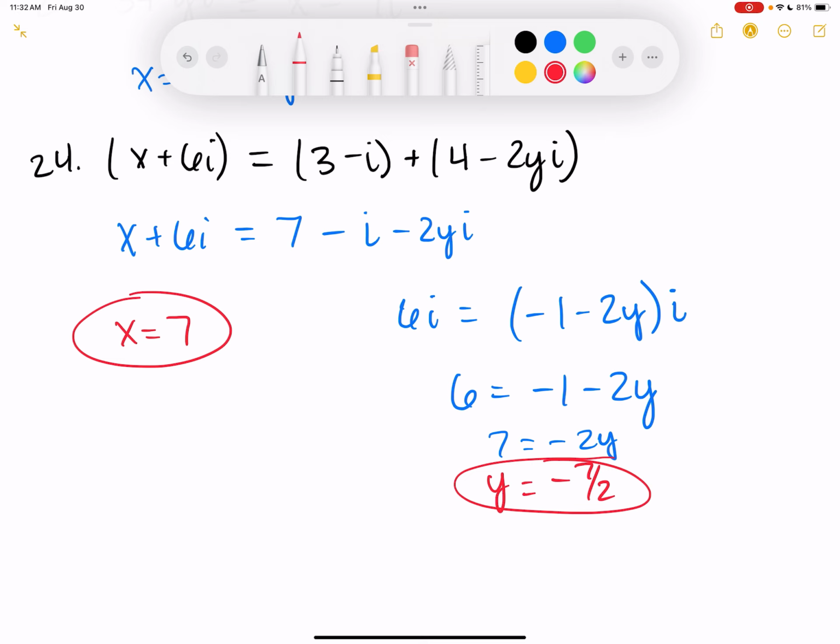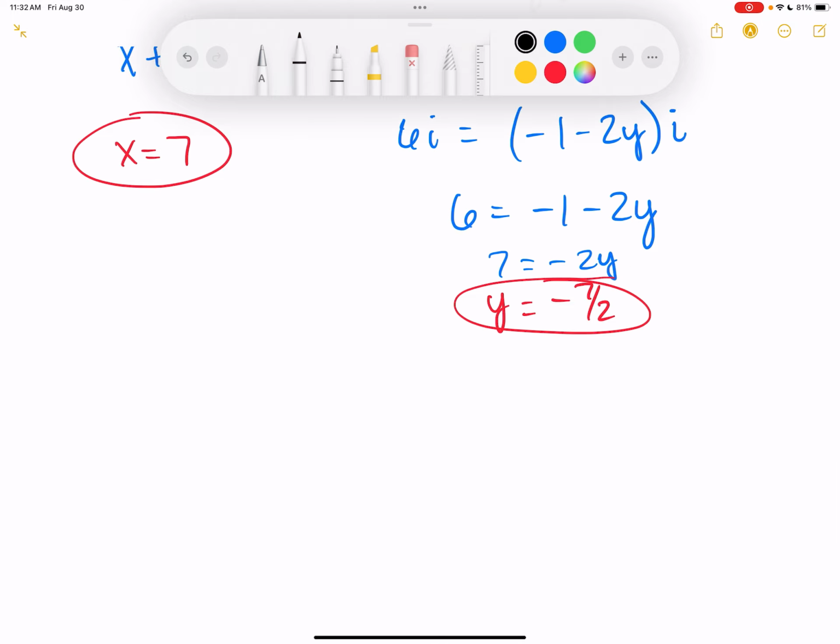Find the product of the complex number and its conjugate. They give us the complex number 5 minus 6i. What is its conjugate?